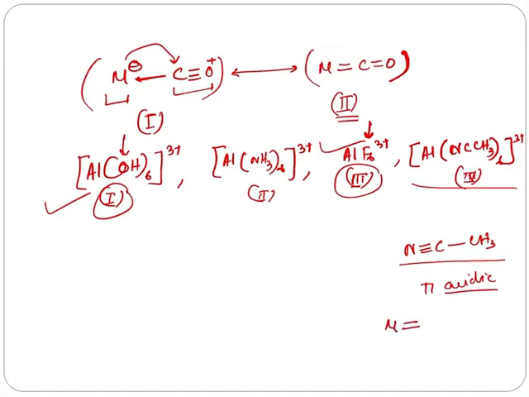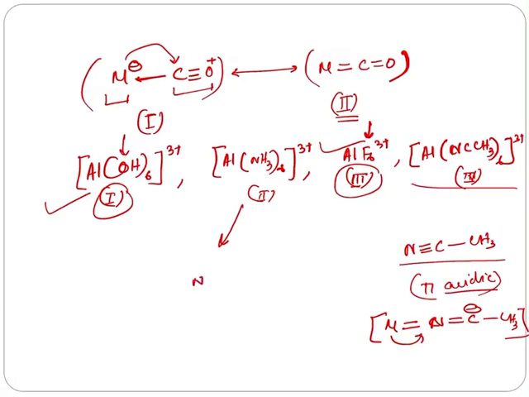So the metal forms pi back bonding with this ligand, so it is pi acidic in nature, and in that way it reduces the accumulated charge on the metal.